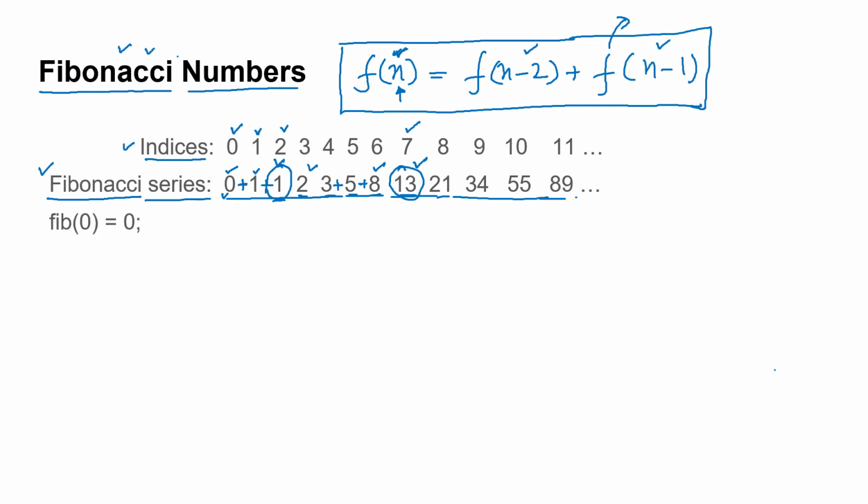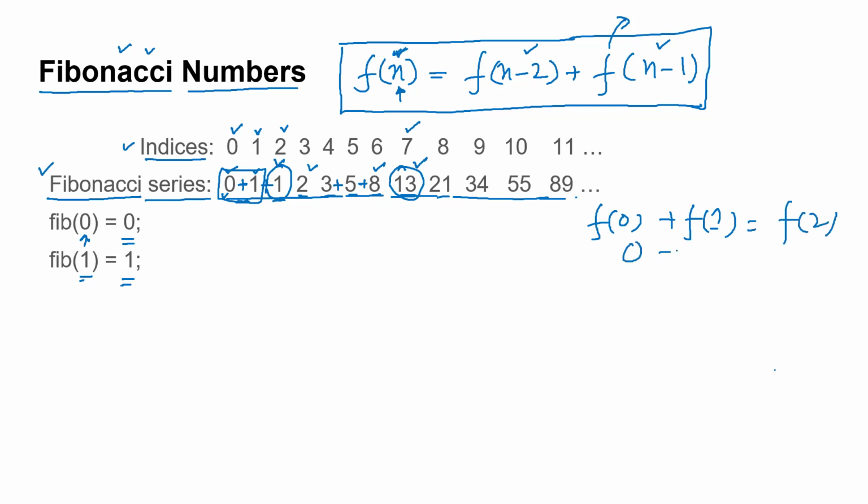So what else do we have? We do have the numbers at the initial positions. For the Fibonacci series, we know that the first number, at index 0, is 0, and the second number, at index 1, is 1. So we know that the initial two numbers are 0 and 1 respectively. When I know f of 0 and f of 1, then I can find out f of 2.